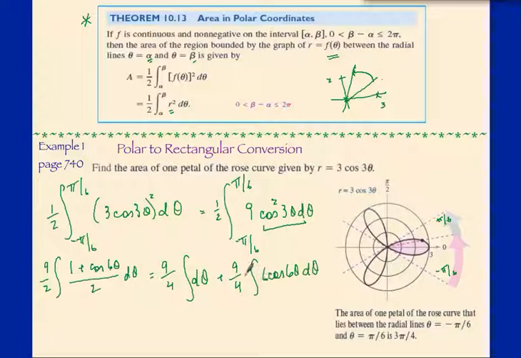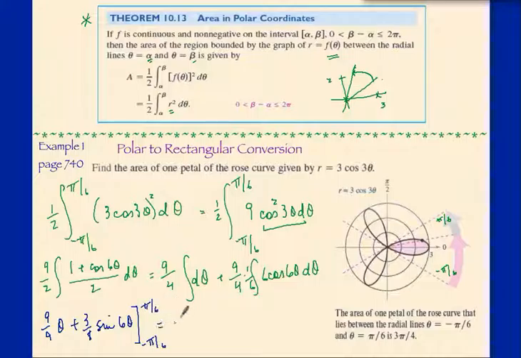I'll need a 6 here and a 1/6 on the outside to make everything right. And so my integral will be 9/4 theta. And then this becomes, I think, 3/8 sine 6 theta. And that's going to be now from negative pi over 6 to pi over 6.